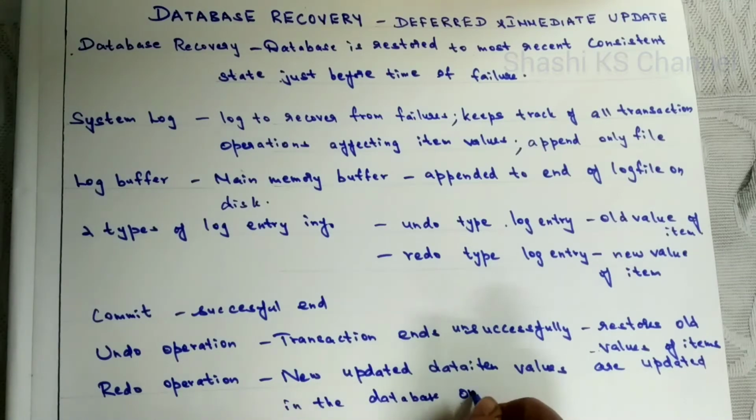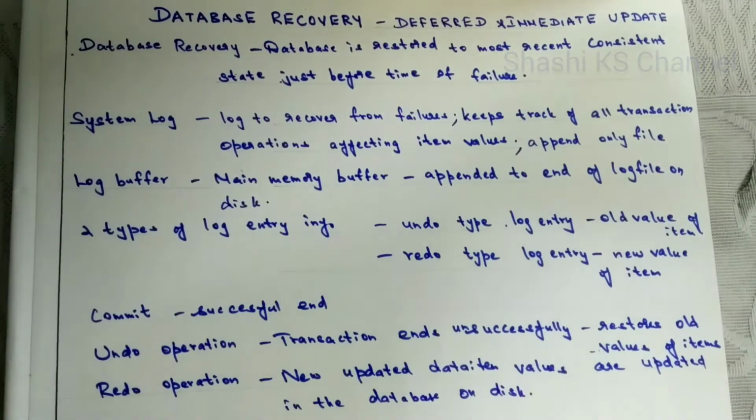This is called the redo operation. This will happen if the transaction is committed, but the updated values of data items which were modified by the transaction are not yet updated in the database on the disk. Then we have to do a redo operation.